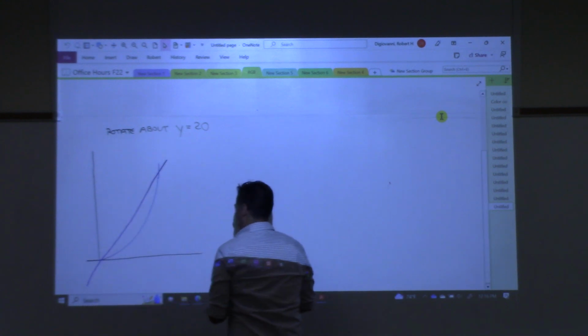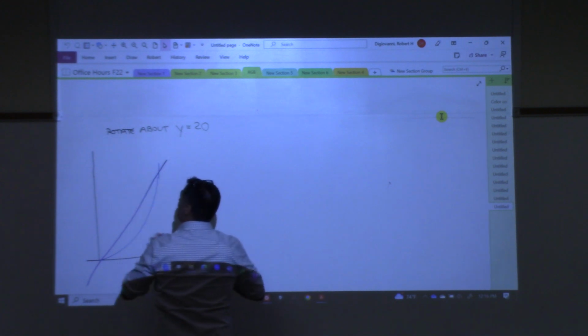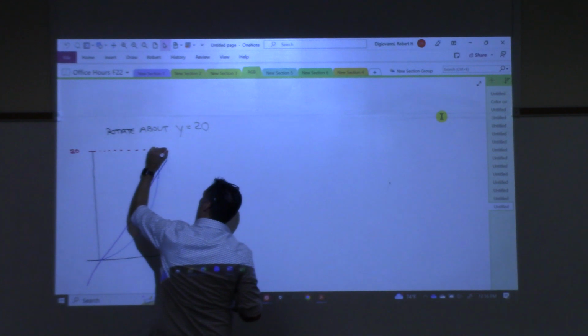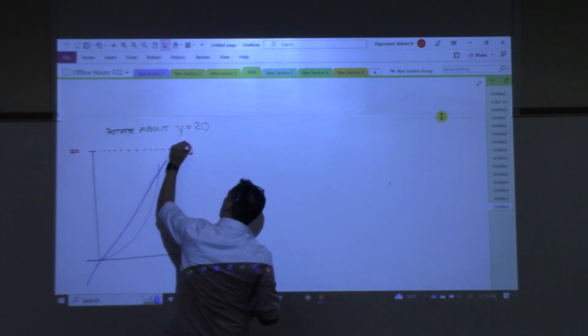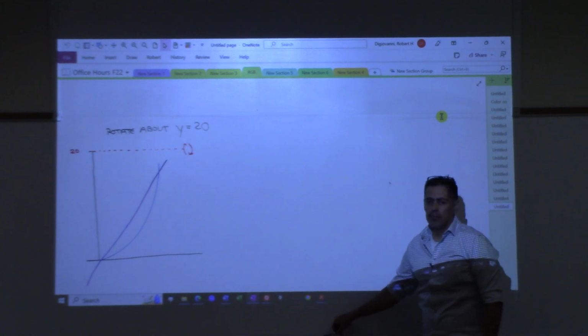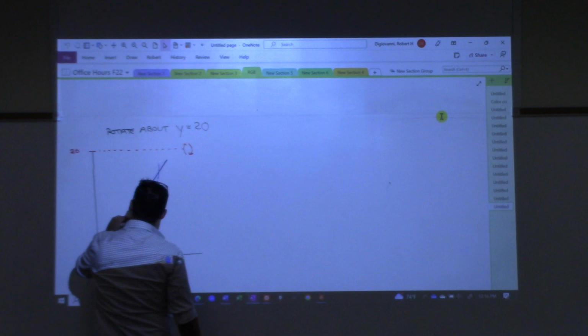Like that. Your axis of rotation is up here at 20. I draw my rectangle.